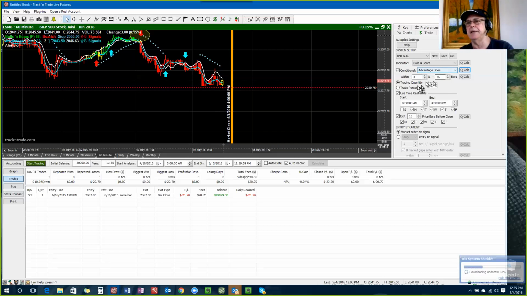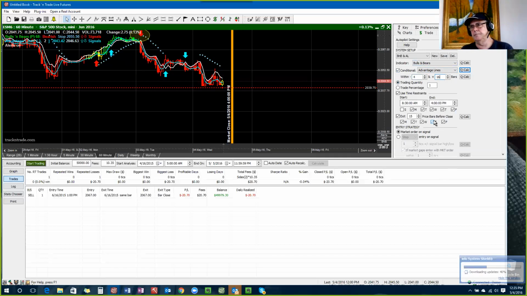Well, you're telling it conditionally. The first condition is bulls and bears sell signal in this case, because you said you only wanted to be short. Then if you have conditional turned on and you get a bulls and bears buy signal, you have to have that advantage lines 4 before or 16 after. Then it will take the trade.